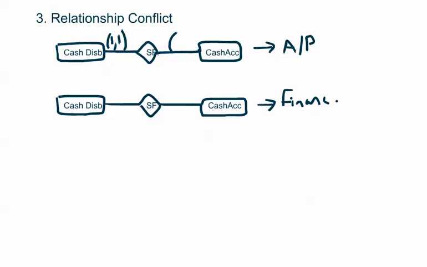Let's say they said that a cash account must receive a cash disbursement, but it can receive cash disbursements from many cash disbursements. Let's say this one said a cash disbursement does not have to go into an account, but it can only go into one. And this one said a cash account does not have to receive disbursements, and it can have many disbursements.